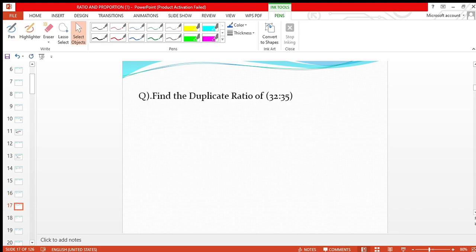See the first question example. Find the duplicate ratio of 32 and 35.